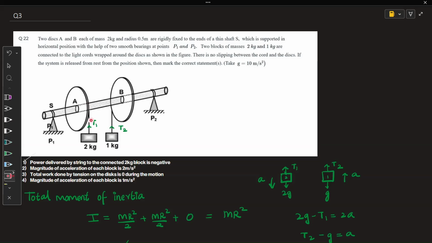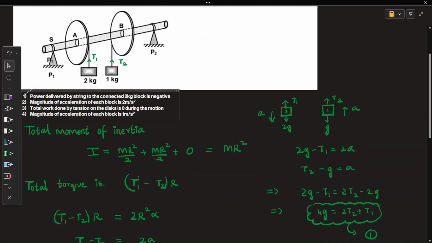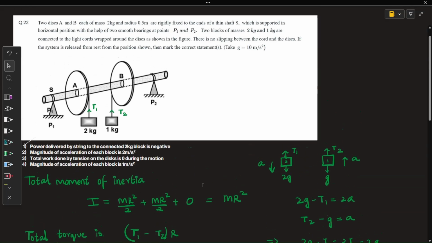As the whole system has an angular acceleration alpha, and these two are identical, the r alphas are same, so we get same a. For this, the a is downwards, for this, the a is upwards. So if I write the Newton's law equations, 2g minus T1 is 2a, T2 minus g is a. If I simplify, I get 4g equal to 2T2 plus T1. This is equation 1.